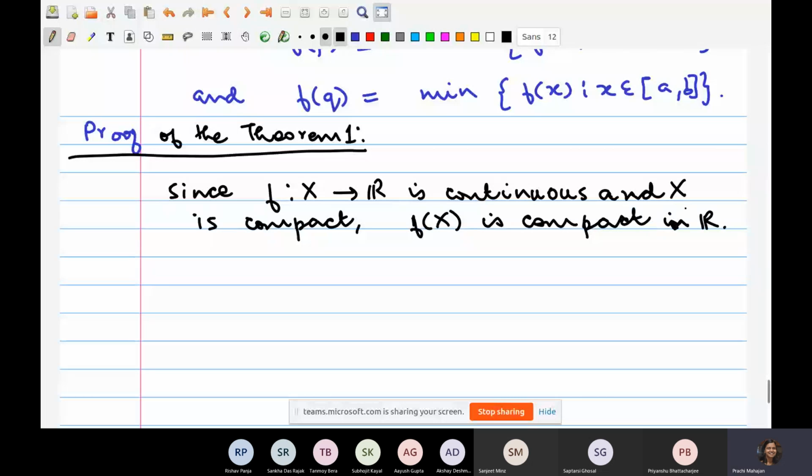So what more can we say about f(X)? How do we characterize compactness on the real line with the Euclidean metric? Ma'am, it is closed and bounded. It is closed and bounded. Thank you so much.